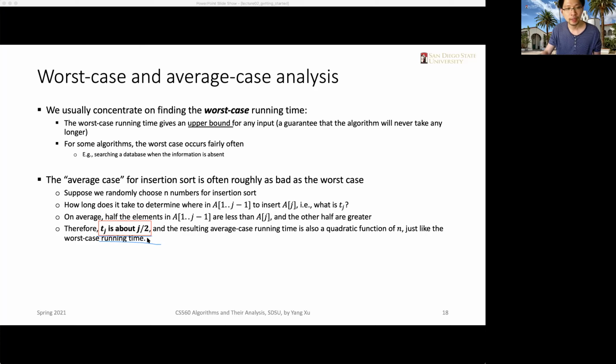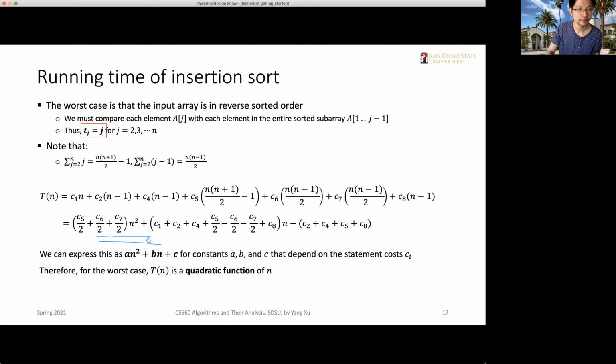And we will notice that the summation looks like the one in the previous slide. The summation of j, it doesn't matter if it's j or half of j, if we substitute j with j divided by 2.